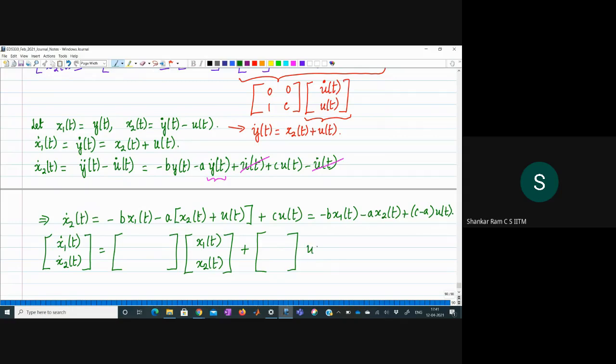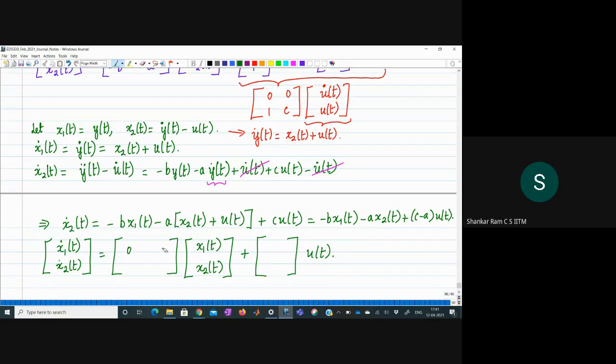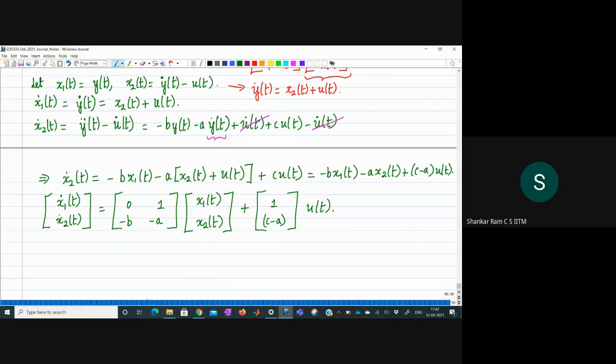So it contains only the state vector and the input. So that's what we want. So if we write this, x1 dot is x2 plus u, so we will have 0, 1, and then we'll have a 1 here also. And then x2 dot, we will have minus b x1 minus a x2 plus c minus a u of t. All right, so we have this to be our input vector, 1 and c minus a.